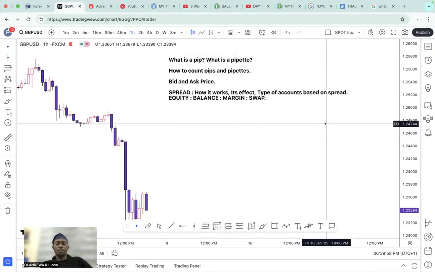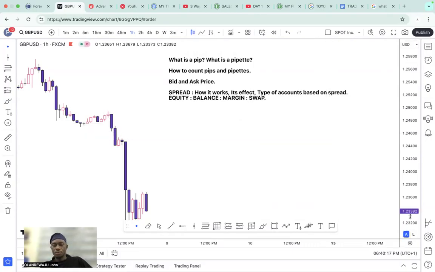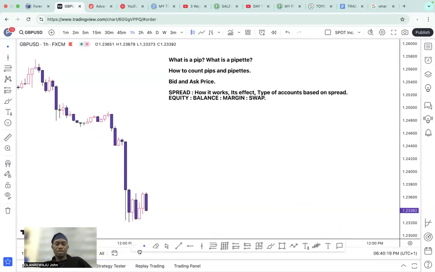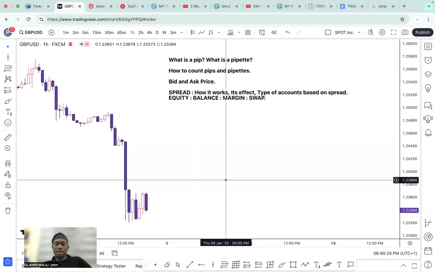The first thing I would like us to understand about the forex industry is that most currencies we'll be trading are often quoted in four decimal places. Yeah, when you check here, you would see five. This is GBP USD, and the price is currently at 1.23392.